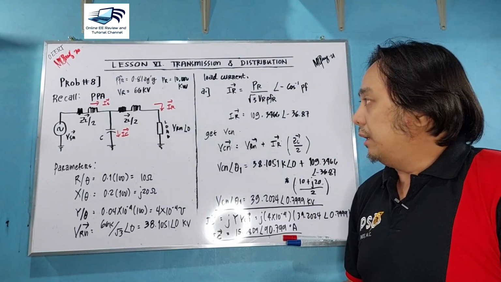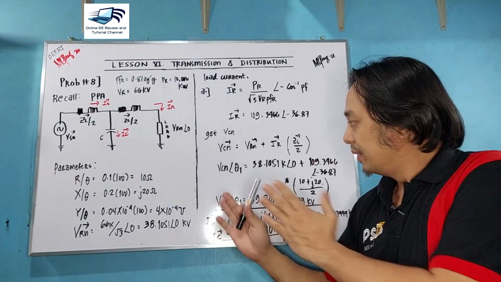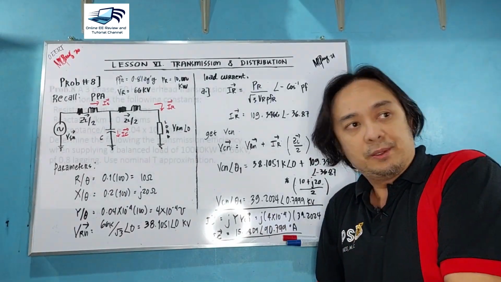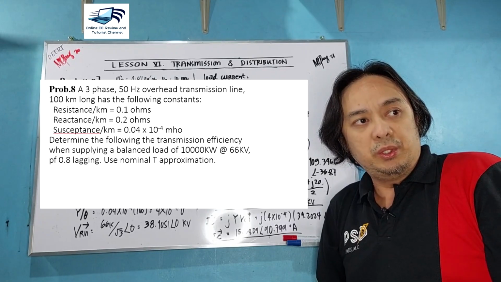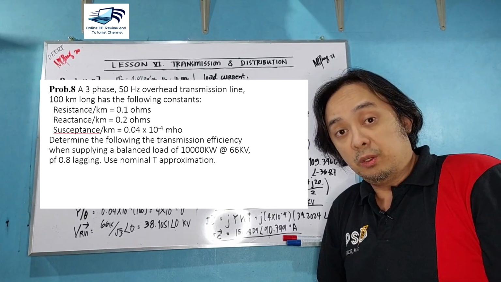Now let us have problem number 8, but before we discuss the solution, let us read the problem first. A 3-phase 50 Hertz overhead transmission line 100 km long has the following RLC constants.